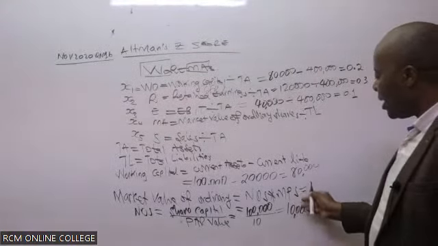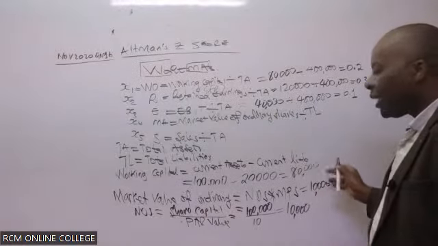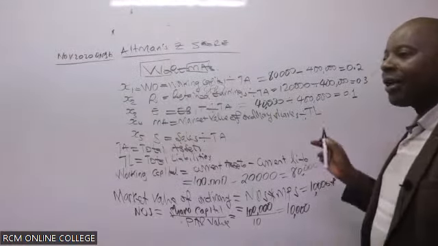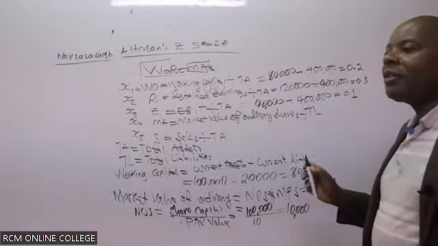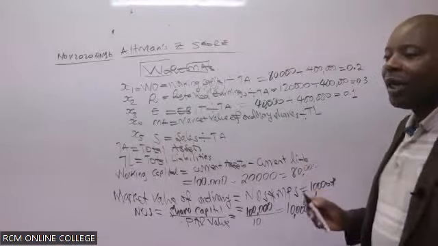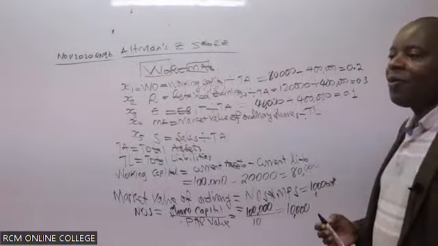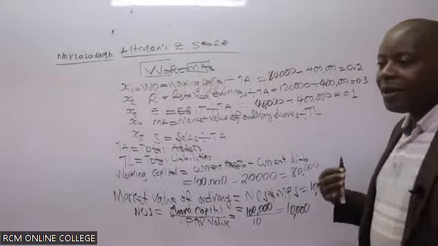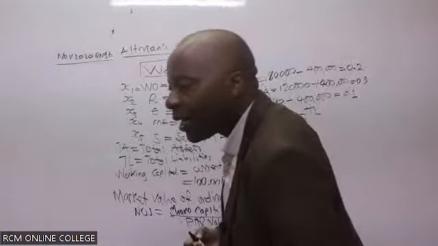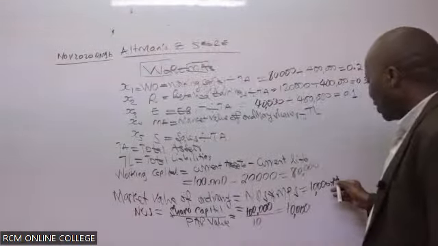So this will be 10,000 number of ordinary shares times the given current market price per share. MPS stands for market price per share. Before required, they give us the current market price per share, which is 15.